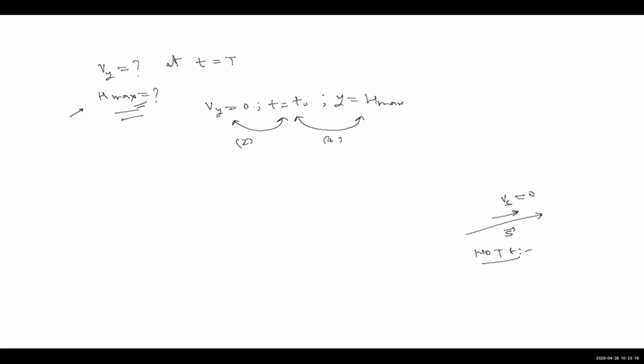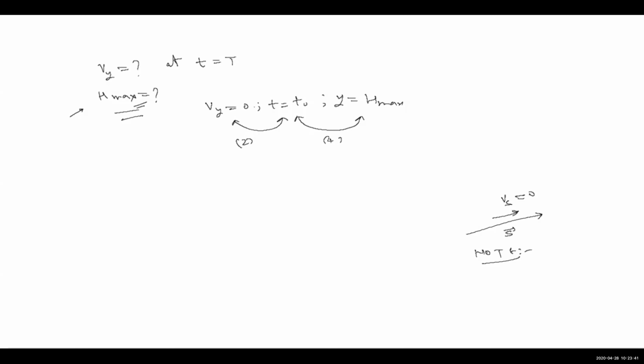Can you repeat the sentence? So displacement along any direction will become max or minimum. Minimum is also included in that. It will become max or minimum when the velocity along that direction is 0.